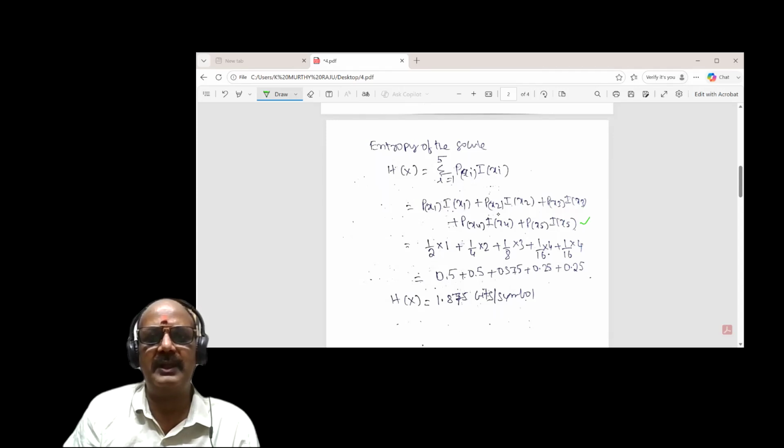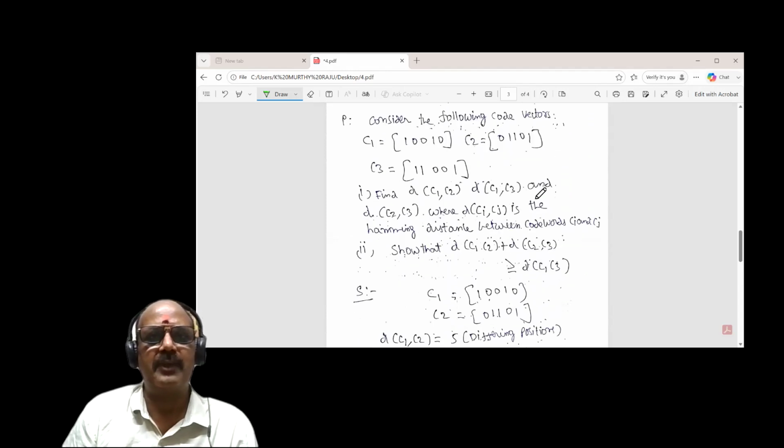Second symbol 1/4 into 2. Third symbol 1/8 into 3. Fourth symbol 1/16 into 4. Fifth symbol also 1/16 into 4. Therefore, H(X) is the sum of all these terms: 1.875 bits per symbol.